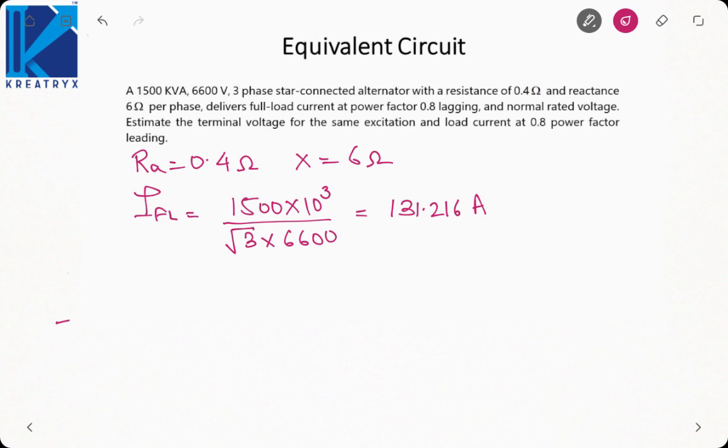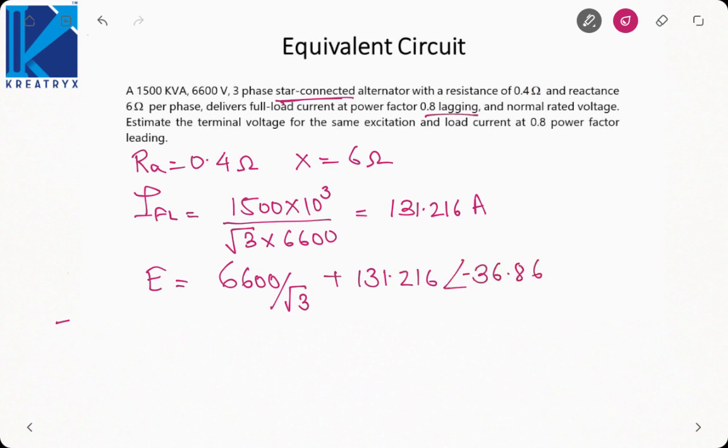Now based on this, we can find out EMF. What will be EMF? Terminal voltage, that is 6600 by root 3. We are dividing it by root 3 because it is star connected. Plus 131.216 at 0.8 power factor lagging, that is minus 36.86, times impedance 0.4 plus J6.